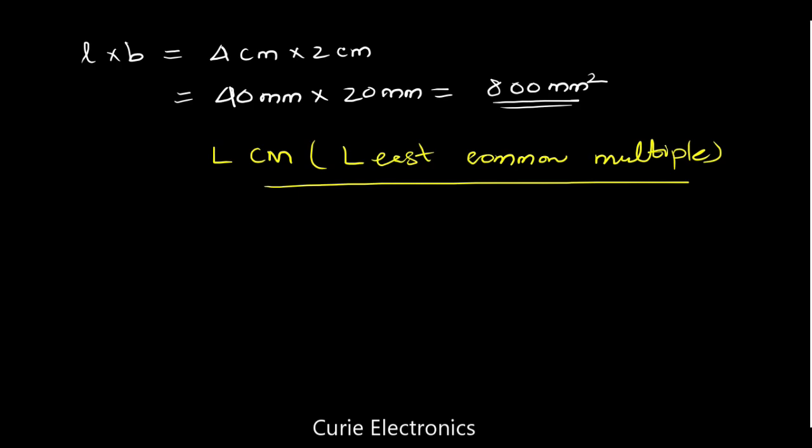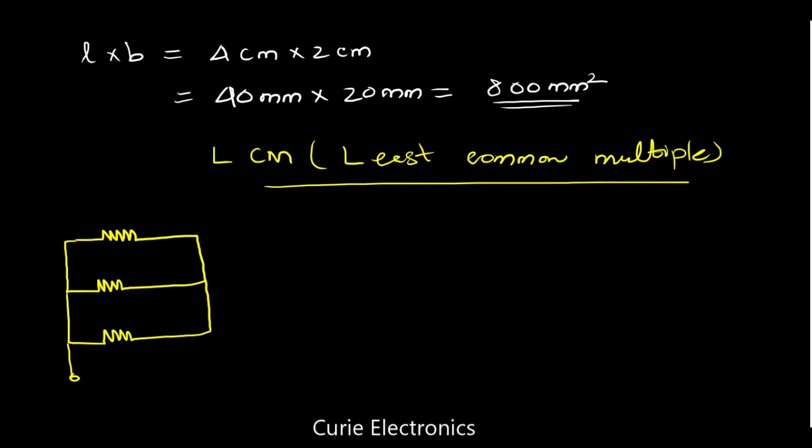Let us assume that we have some resistors connected in parallel. These are the A and B terminals. We have to find what is RT equivalent. The values are 4 ohm, 6 ohm, 12 ohm.